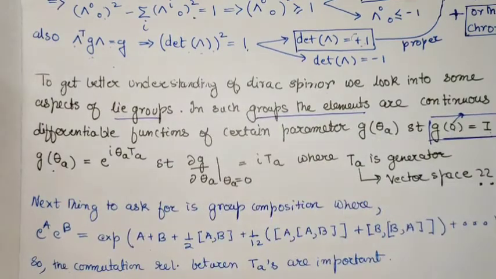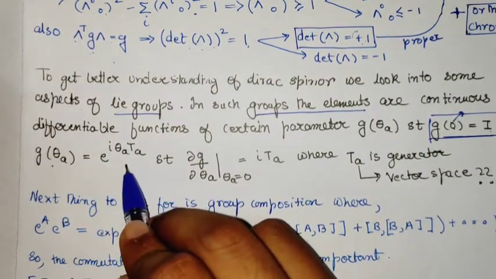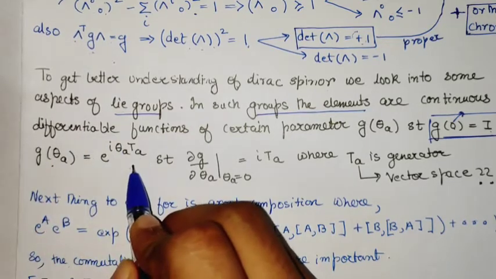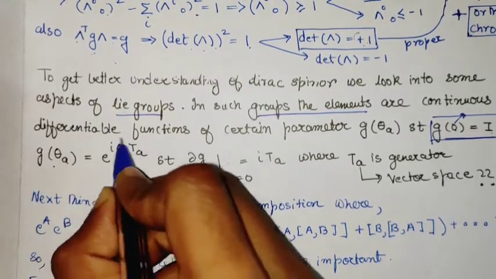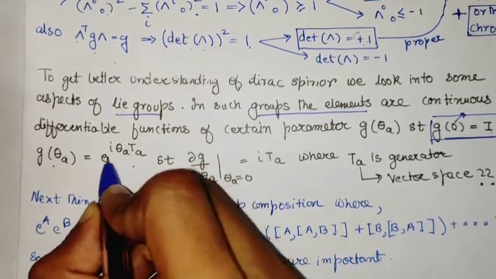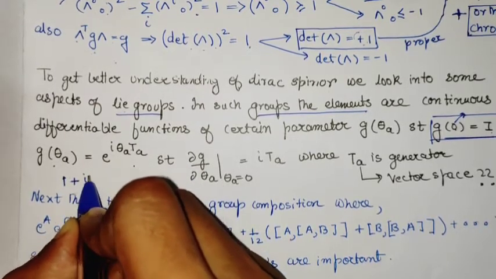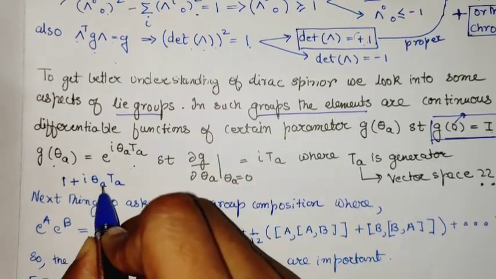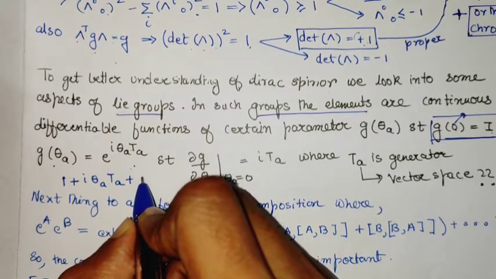So the coefficients can be completely arranged in this exponential form, because you see, if I exponentiate this and Taylor expand the exponentiation, then it will be 1 plus i theta_A T_A, where this means it is summed over, and then you have the other terms.